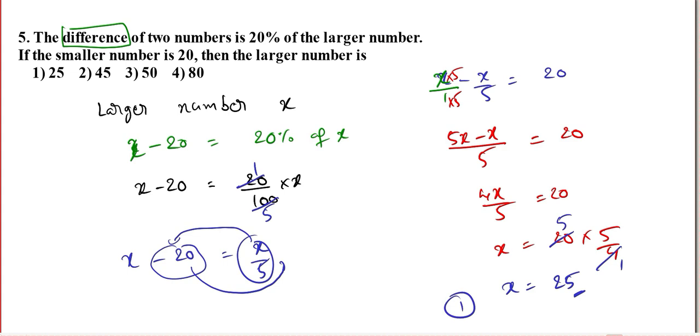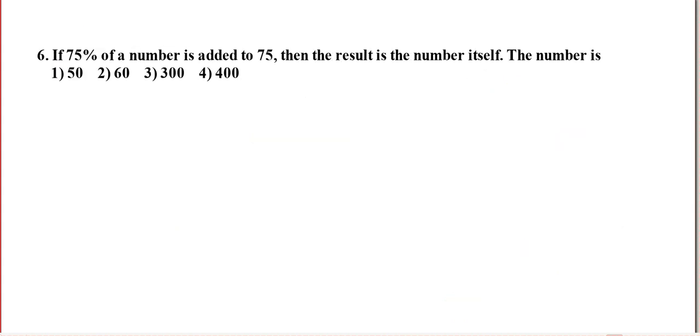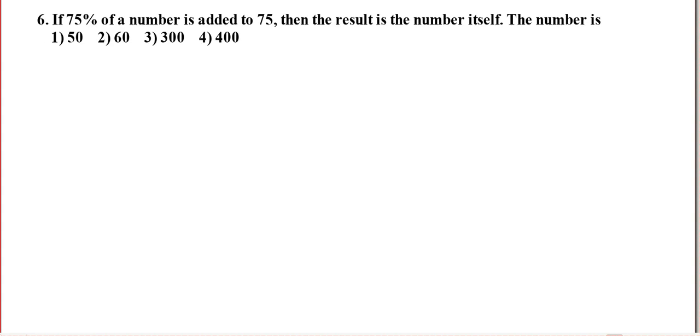Okay, now let us go with the next question. If 75 percentage of a number is added to 75, then the result is that number itself. Then what is that number? We don't know the required number, so I'm going to suppose, let x be the required number. Then 75 percentage of x is added to 75, and the result is the number itself.